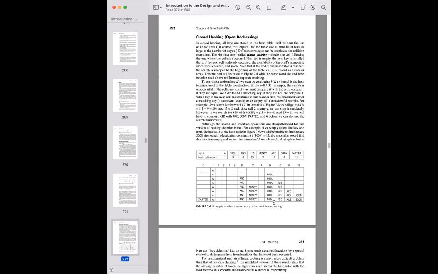Okay. So in this case, we have the same table as before, but when we go to store the soon, we see that 11 is already filled with R. Okay. So we have to put the soon in 12. Okay. So then when parted really goes to 12, it has to be put back over here at 0. Okay. So we assume a circular thing here with the linear probing.